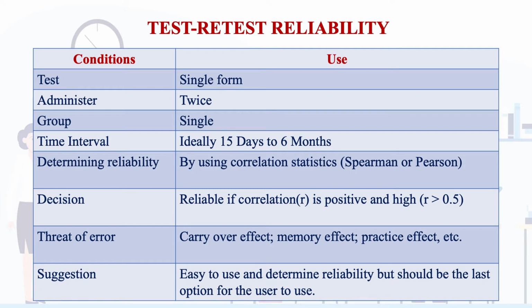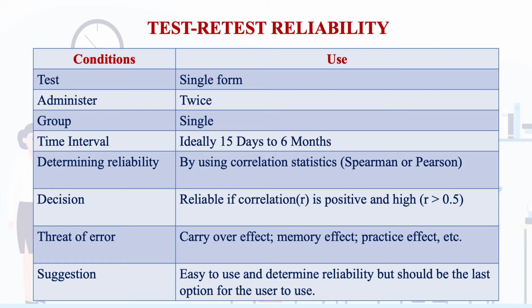Okay. So let us try to understand how to establish the reliability coefficient by using the test-retest method. First of all, in this method, a single test will be used, only one test, and it will be administered twice. So administration will happen twice here.